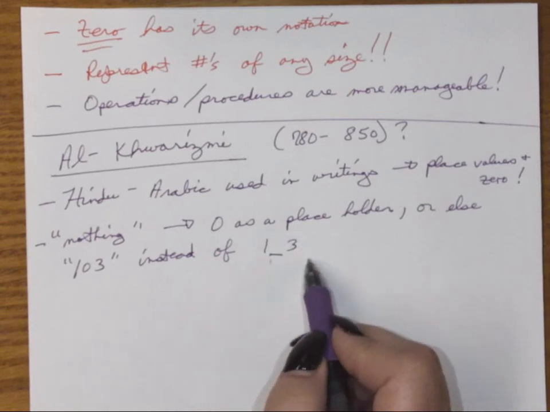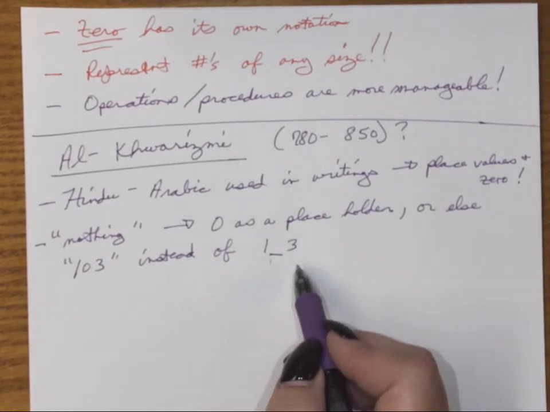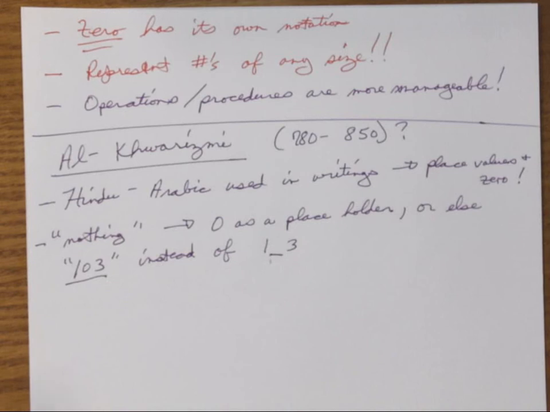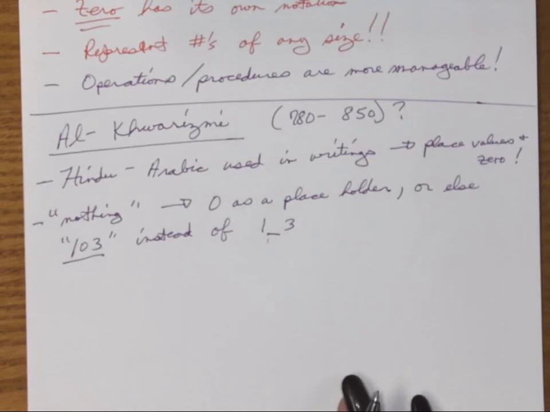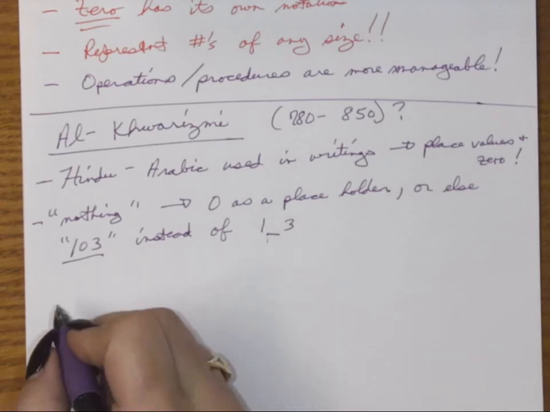It's not left up to interpretation the way the Babylonians were for us, which really can be confusing. Instead, it is very clear to us whenever we see 103 in base 10 numbers exactly what is meant by that. I have one group of 100, I have 0 tens, and I have 3 ones. So we are very clear about what that means.